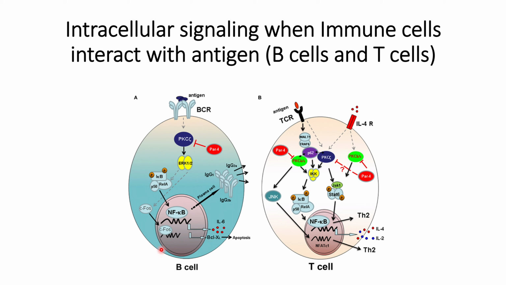So it depends on the kind of antigen being recognized by the B cell receptors, and based on that it will trigger either apoptosis or interleukin 6. These signaling pathways can be interrupted by PAR4, which inhibits PKC zeta activation.